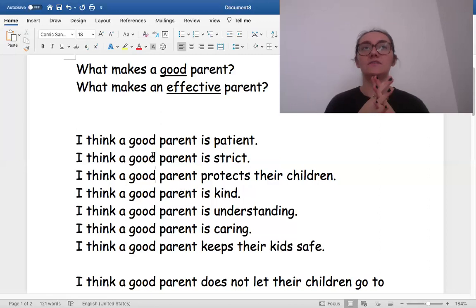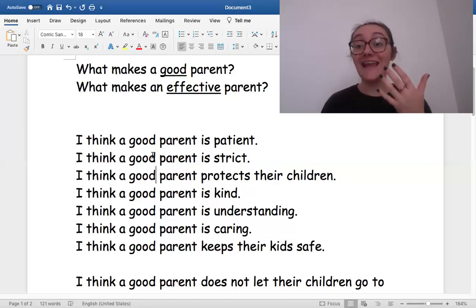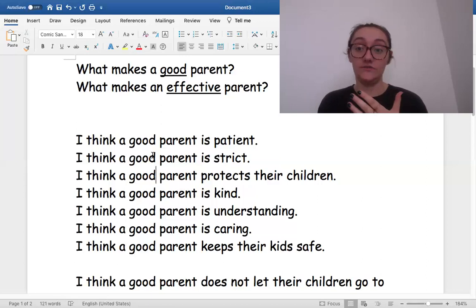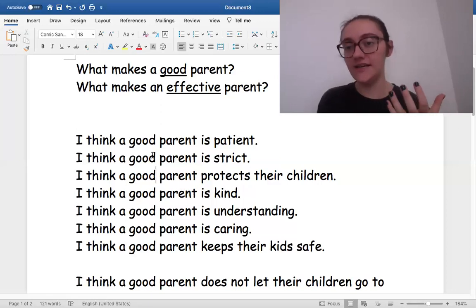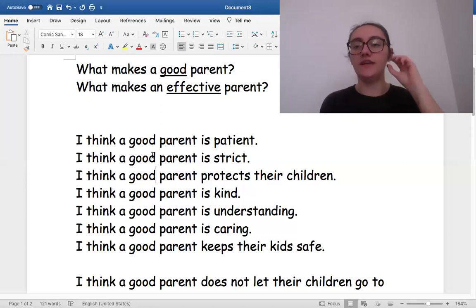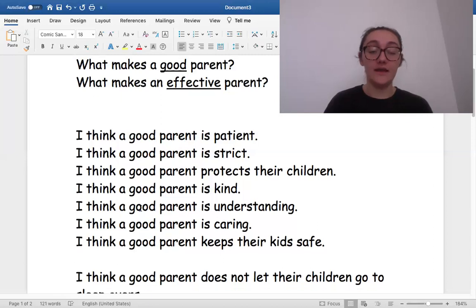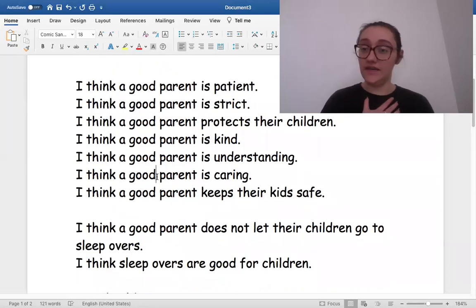Something you could do is write it or say it in your native language, right? So you could answer the question, what makes a good parent, in the language that you speak. Now, go back over that sentence and see if you can translate it yourself, and if you know good describing words.